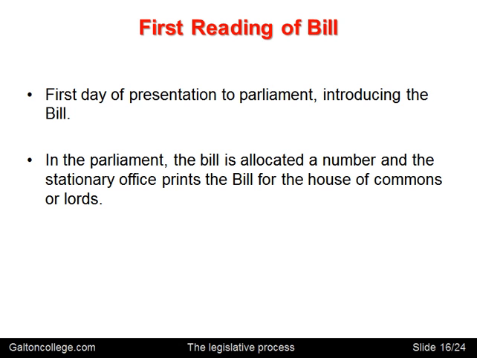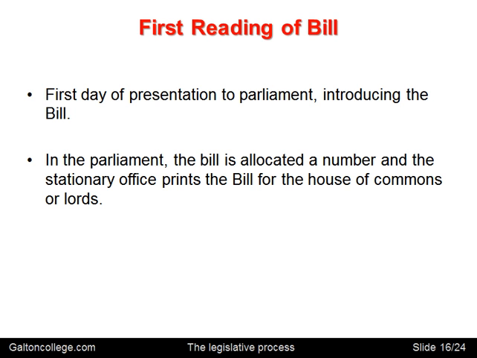Then after that, there is the first reading. It's the first day of presentation to Parliament, introducing the bill. So the first reading is the first formal presentation of the proposal to the full House of Parliament.